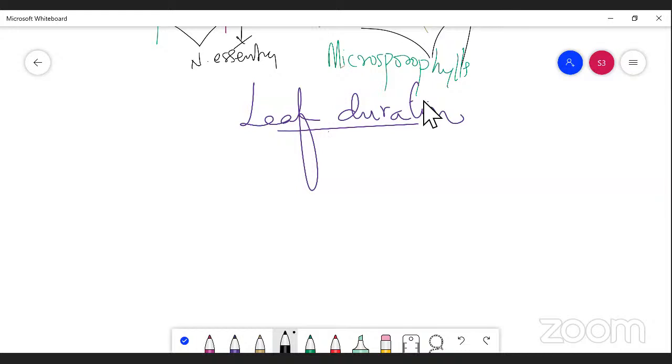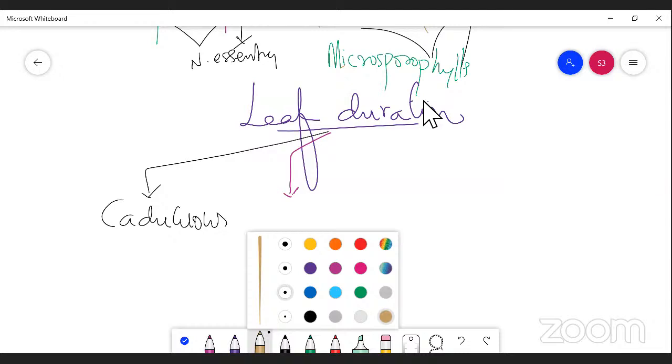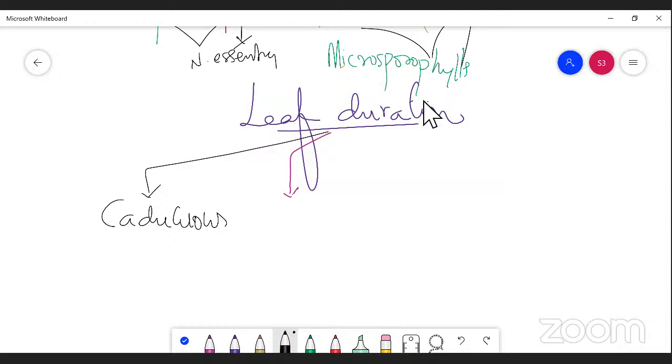The first type is the caducous type, also known as fugaceous. The second one is deciduous. And the third one is evergreen, always evergreen.